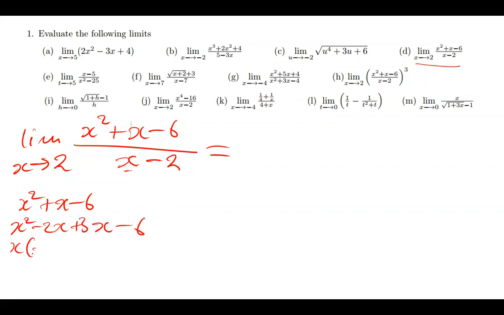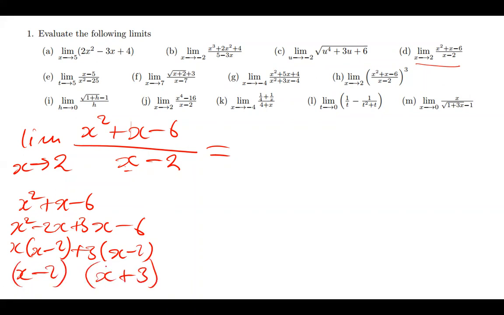We factorize, we have x minus 2, then plus 3 times x minus 2. So we have x minus 2 there, then we have x plus 3. So we replace this part of the equation with x minus 2 and x plus 3.